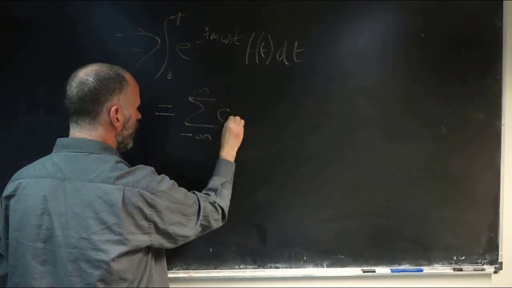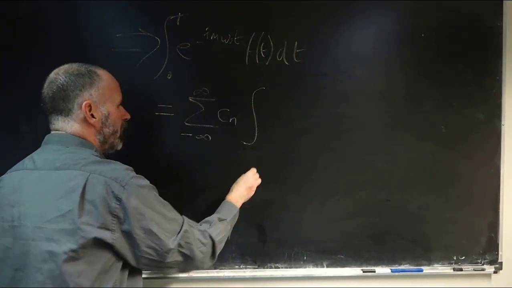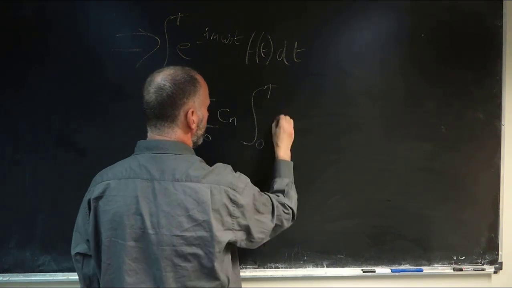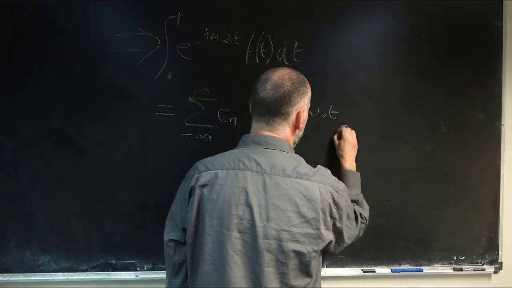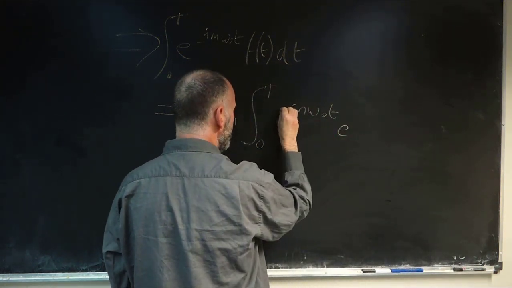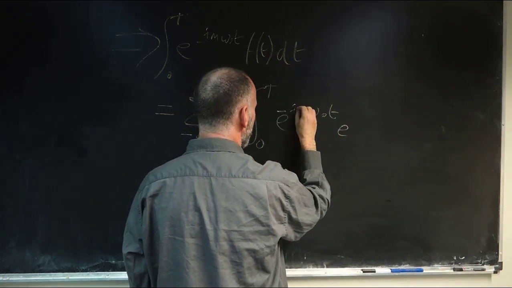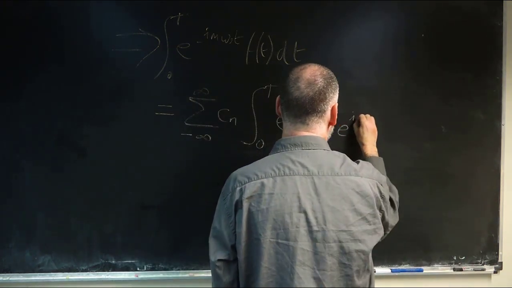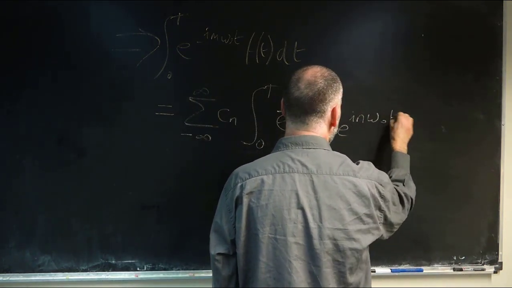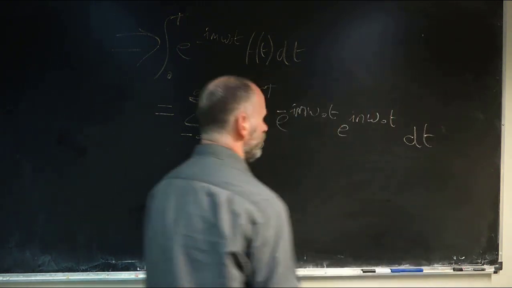So we've got this, and here's where it gets really neat. The sum of c n times the integral of e to the minus i m omega 0 t times e to the i n omega 0 t dt.